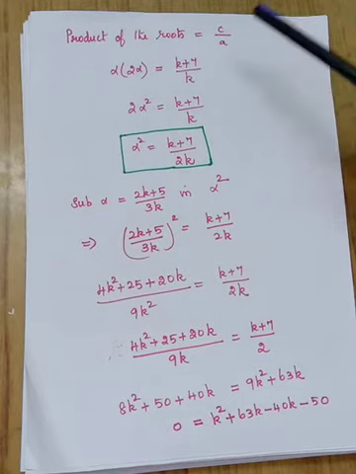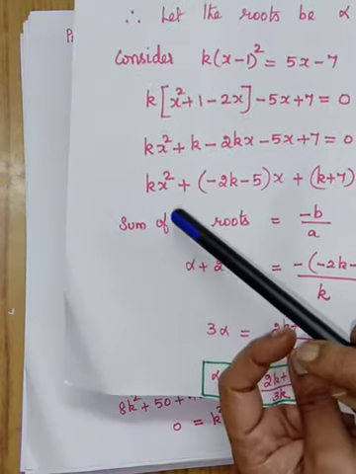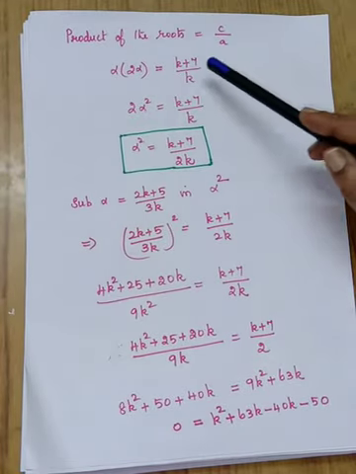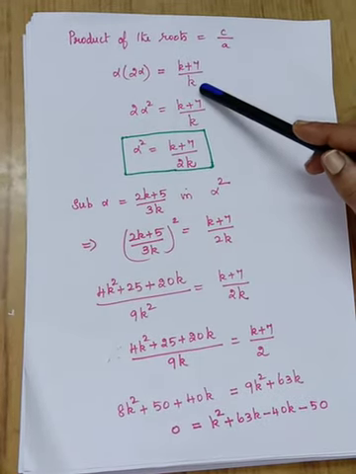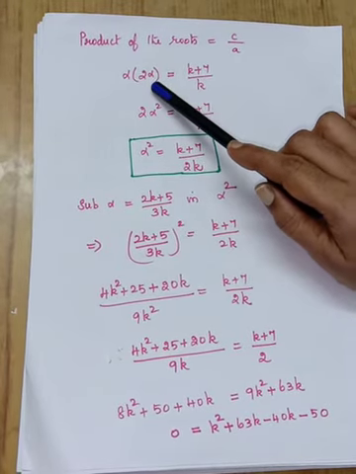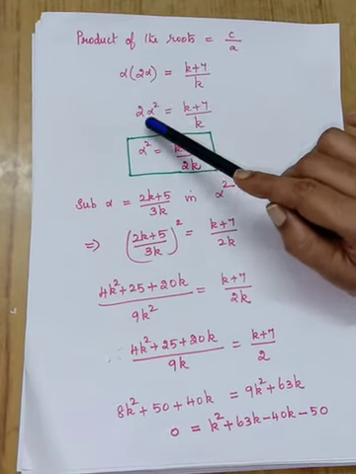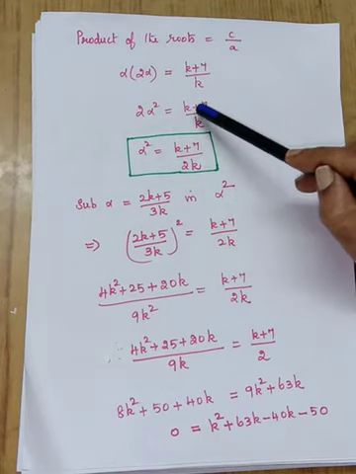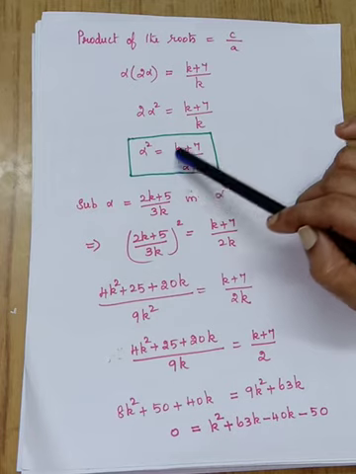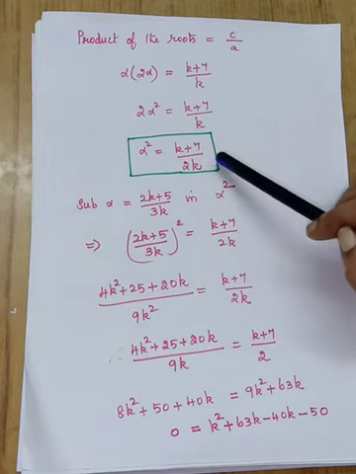And a is the coefficient of x², which is k. So here (k + 7)/k. The first root is alpha and the second root is 2 alpha. When you multiply, it is 2 alpha², that is equal to (k + 7)/k. So from this, alpha² is equal to (k + 7)/2k.